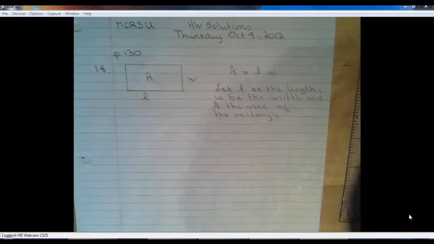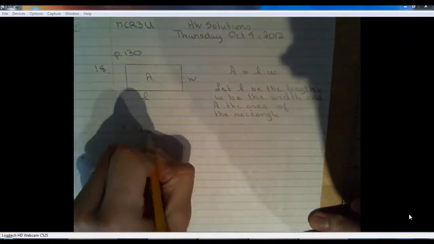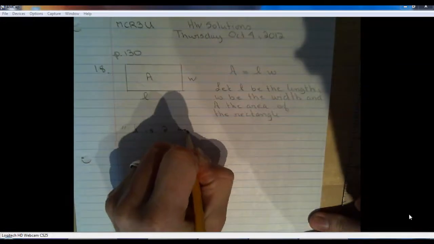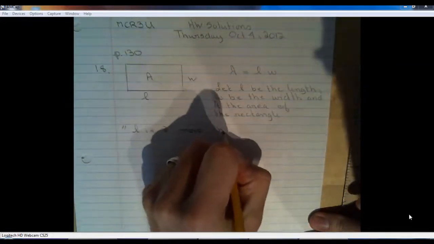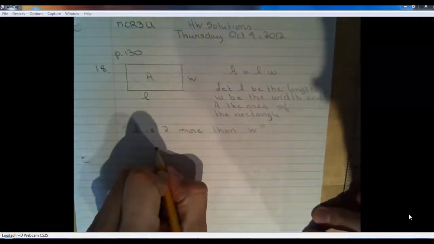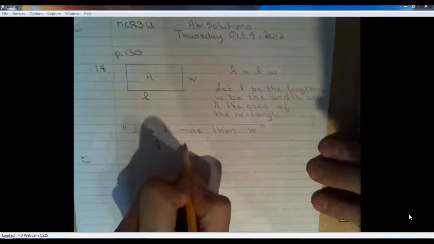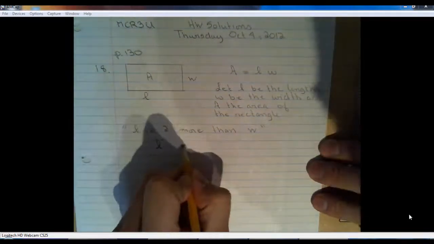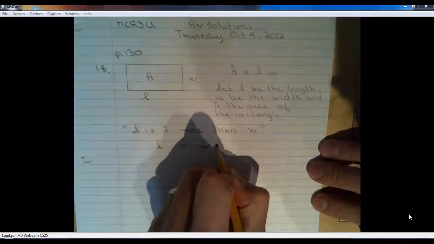Okay, so let's reread. It says the length of a rectangle is 2 meters more than the width. So L is 2 more than W. Mathematically, if L has 2 more units than W, then if we give an extra 2 to W, so add 2 to it, they'd be the same.